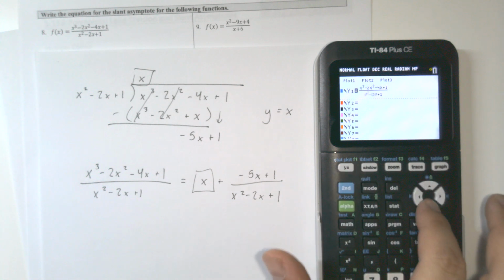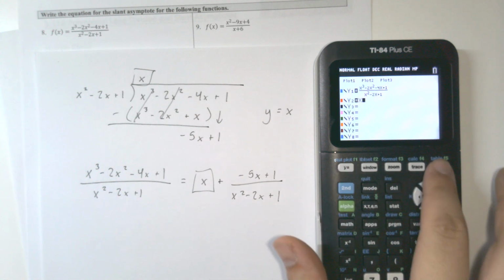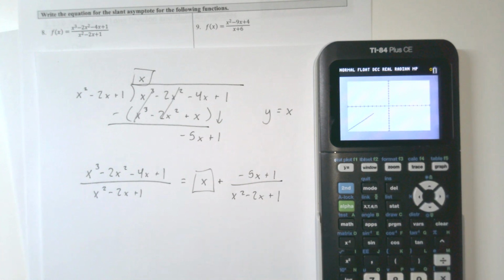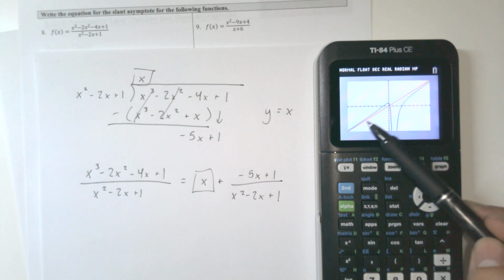And then I want to graph y equals x. And let's see what this looks like. So we have our, well, not our polynomial, our rational function. But look at the asymptote.